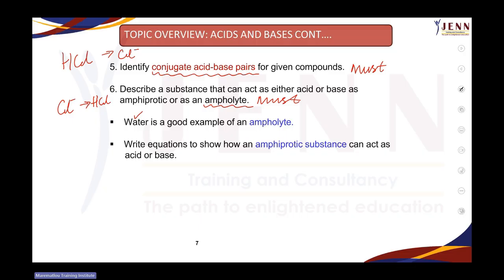You don't have to, because that's not how the examiner is going to ask it. He's not going to say, identify an ampholyte off the top of your head. No, he's going to give you a reaction and want you to look at that reaction and look for the substance that acts as an ampholyte in that reaction. So do not cram when it comes to ampholytes.